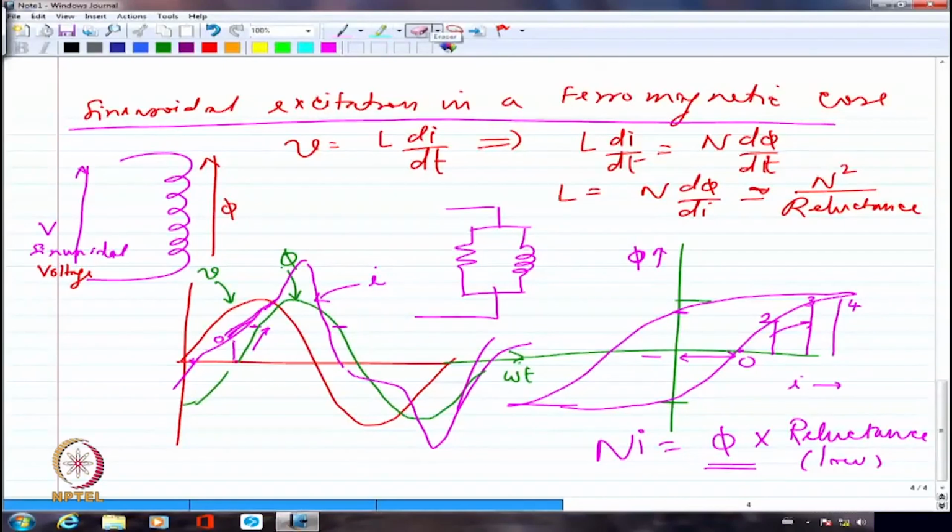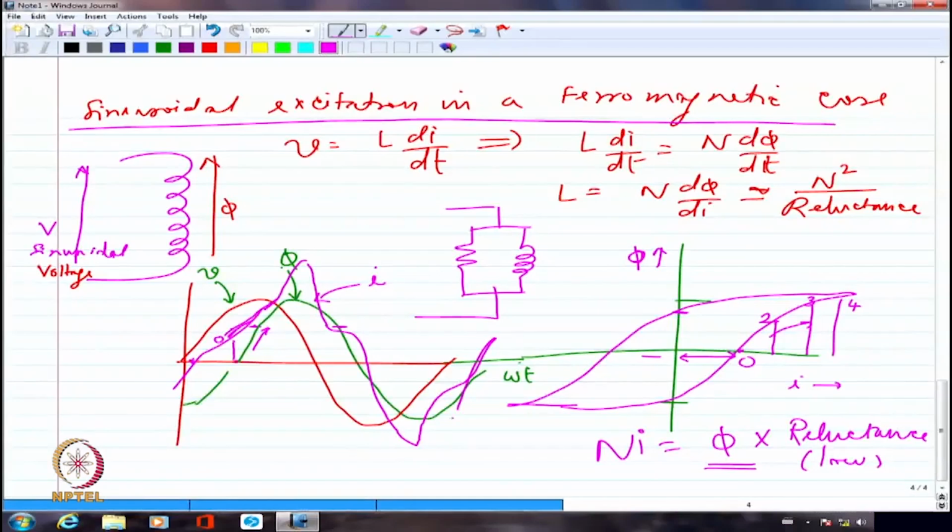Come on. Okay. Oh, it erased the whole thing. Fine. So it is essentially going to go somewhat like this. Sorry, I didn't mean to do that, but this is the way it will be. The waveform will be somewhat like this.